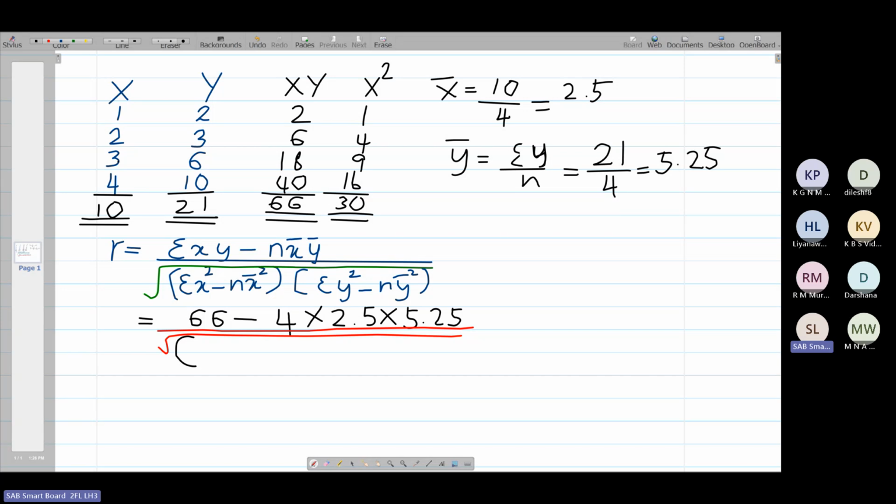Then we write 30, minus n into x bar squared. N is 4 and x bar value is 2.5, so we write 4 into 2.5 squared.